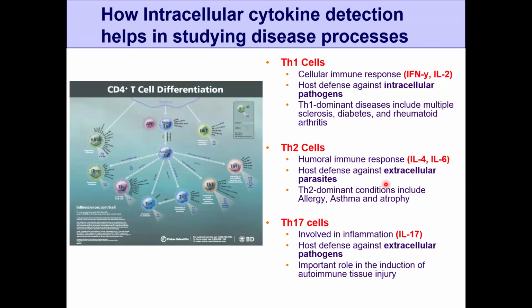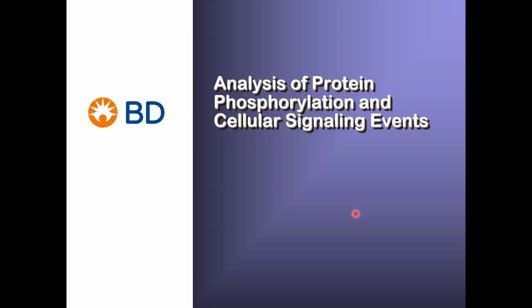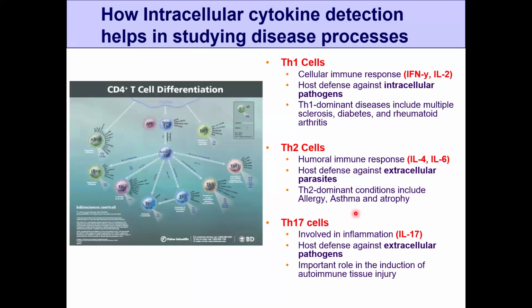It comes in your humoral response. And then Th17, which is your inflammatory cytokine. All of this study you can do using a flow cytometer. Again, for example, you do all this cytokine study in ELISA, but you can do the same in a flow cytometer.